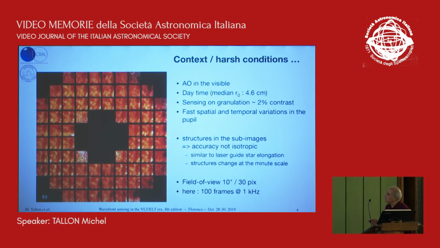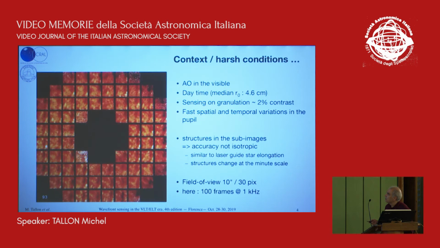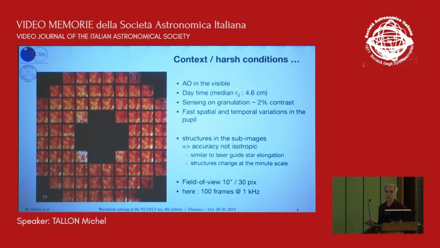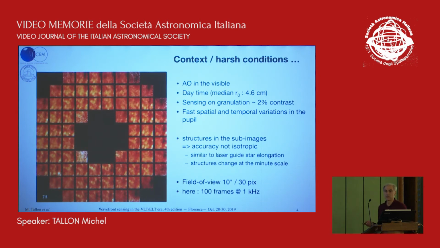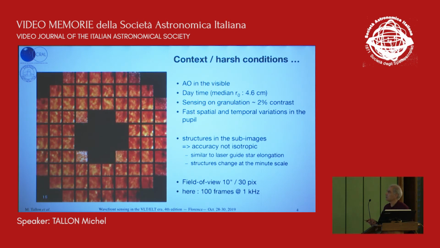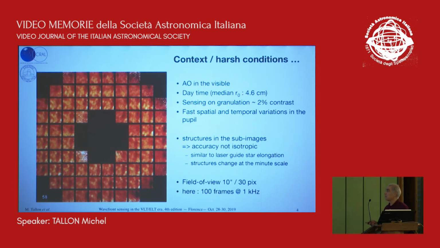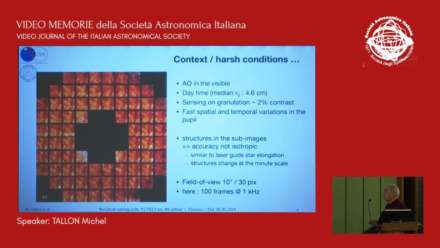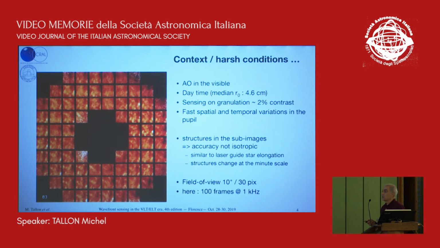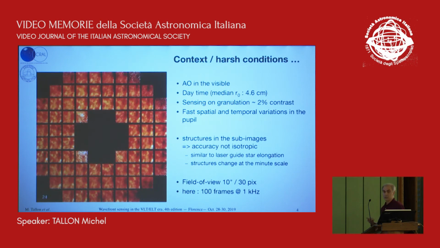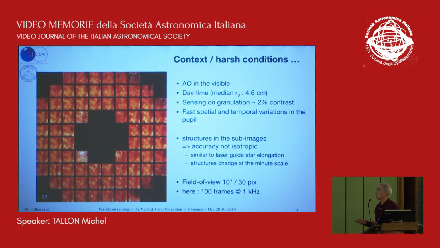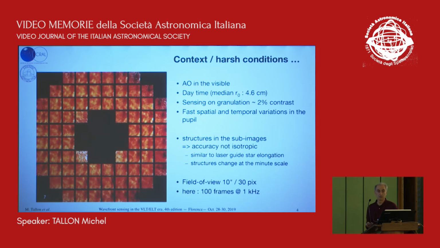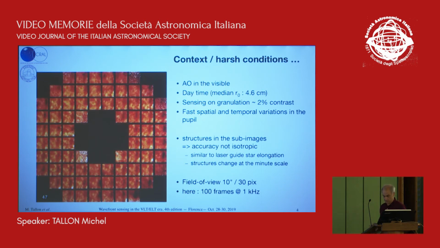You can see that you have a structure, and so we can expect that we have non-isotropic errors in the gradients, the coordinated gradients. It's a similar thing to laser guide star elongation. And the structure changes, the correlations evolve at the minute scale, so it's similar to sodium profile evolution.